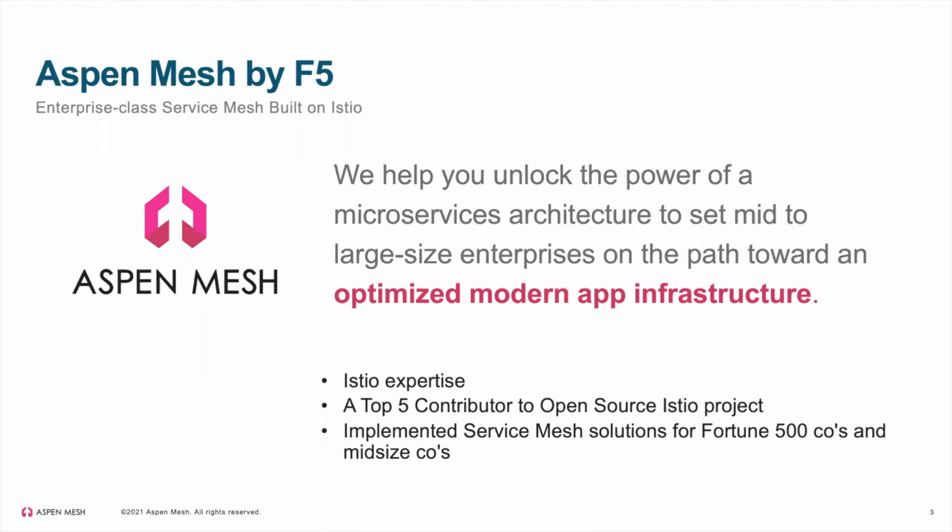So we do have a product built on top of Istio to help manage it at scale, to give you visibility, insight and configuration of multiple Kubernetes clusters in Istio. We also have services and support for Istio for large-scale customers. And we're also a large contributor to the upstream open source Istio project. We're in the top 5 in terms of contributors for open source Istio as measured by pull requests.